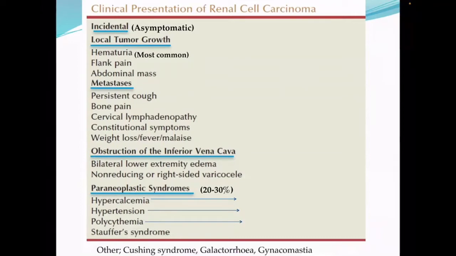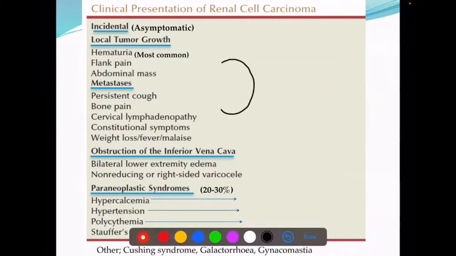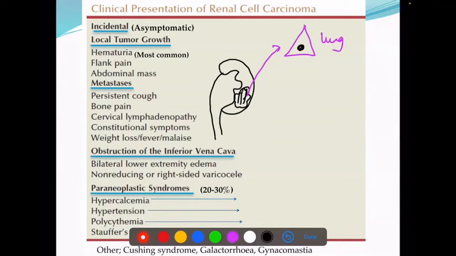And if the RCC metastasizes to other organs, then depending on the organ, it produces symptoms. For example, I've told you the most common site of metastasis is the lung. If cancer goes to the lung from the kidney, obviously it produces chronic cough and hemoptysis.